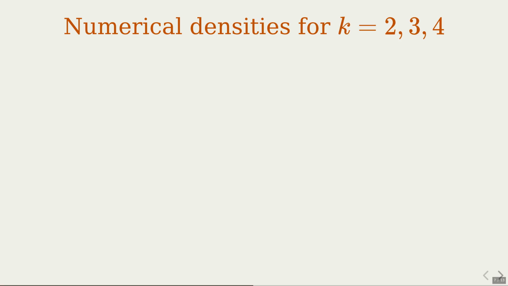Let us plug in some values of k to see what the densities actually look like as numbers. I want to compare the k equals 2 square-free case with the k equals 3 cube-free case to see how big the jump is. For k equals 2, we recover our familiar value. About 60.8% of integers are square-free.